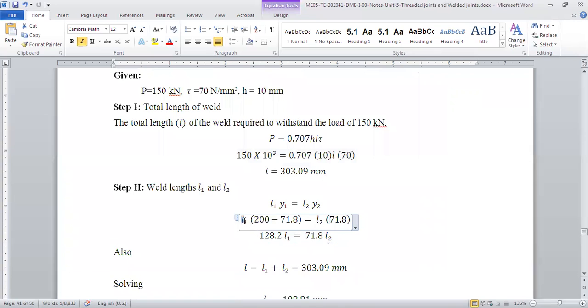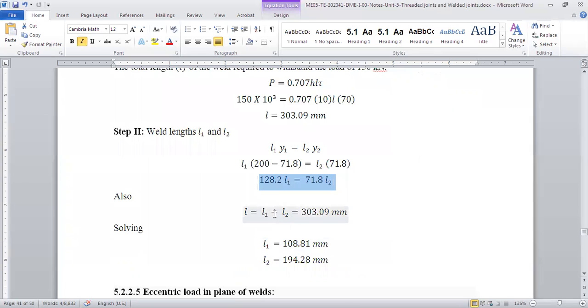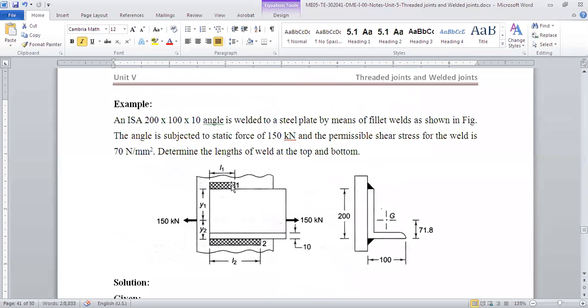Using this, we can find a relation between L1 and L2. L2 is equal to 128 divided by 71.8 times L1. Putting those values here, we get L1 is equal to 108.81 and L2 is equal to 194.2 mm. So we calculated the different lengths using a simple formula, moments.